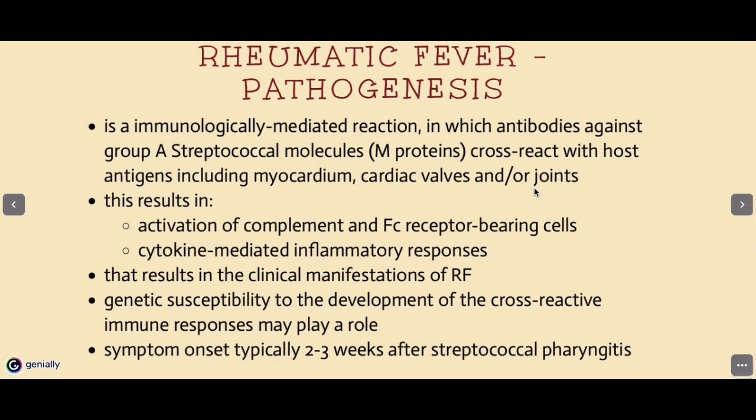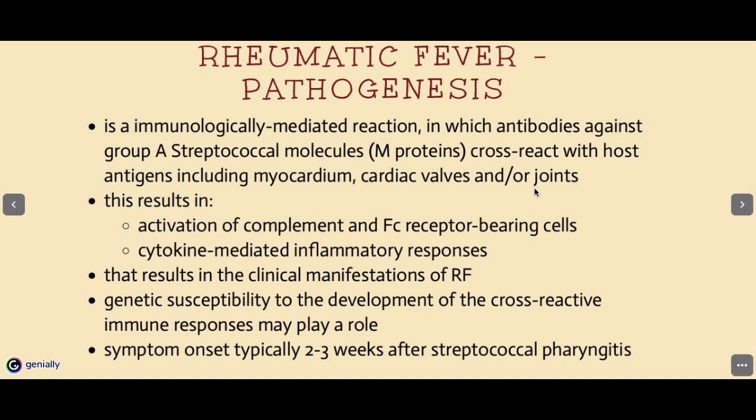So when the infection happens, the body mounts an antibody response towards the antigen. But in the setting of rheumatic fever, the same antibodies unfortunately cross-react with host antigens. This results in activation of complement and Fc receptor-bearing cells, also cytokine-mediated inflammatory responses, and these give rise to tissue injury and then the clinical manifestations of rheumatic fever.